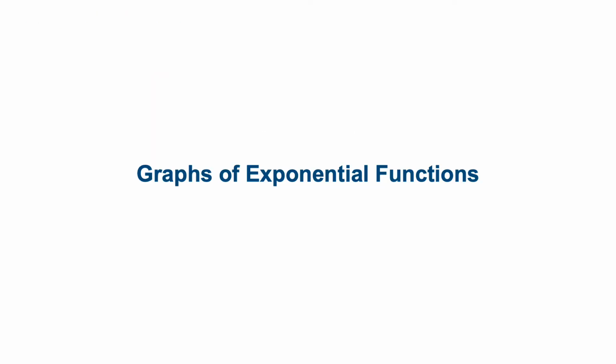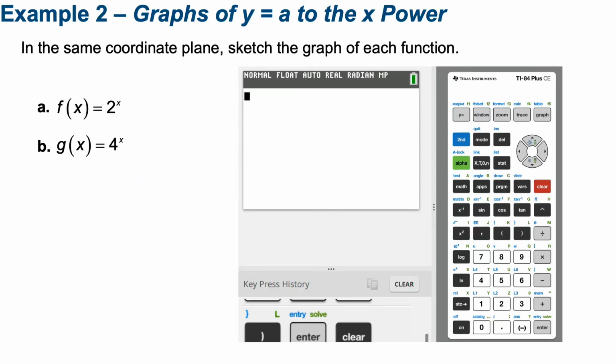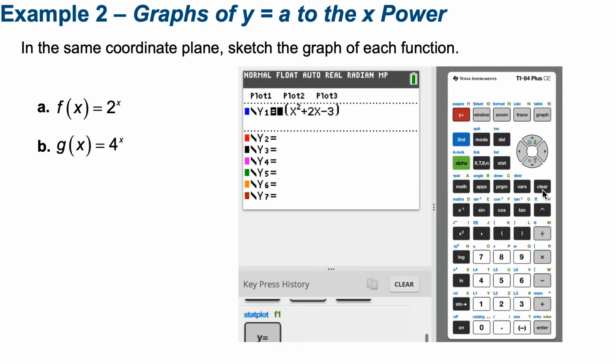So let's talk a little bit about graphs of exponential functions. Let's say I wanted to sketch the graph of each function. I'm going to go through it with the calculator, and I'm also going to show you how to do it by hand.